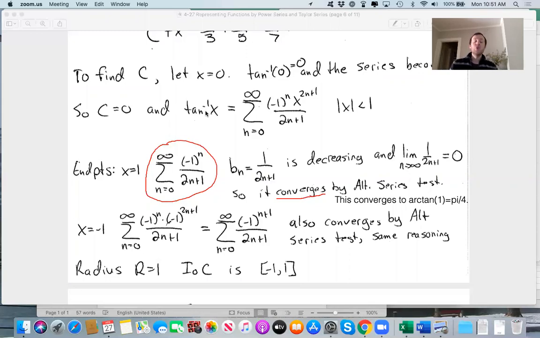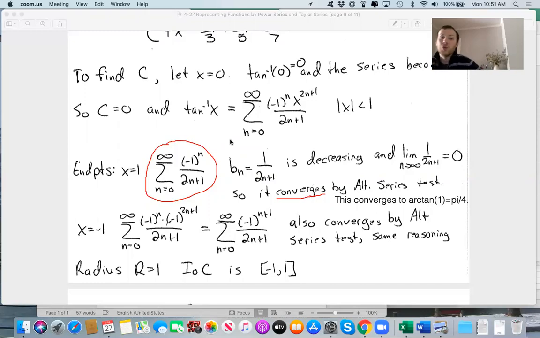So this is a new way of finding sums of series. If you know a power series for some function, and you evaluate the series at a particular x, you can figure out what the sum is by putting that x into the corresponding function.